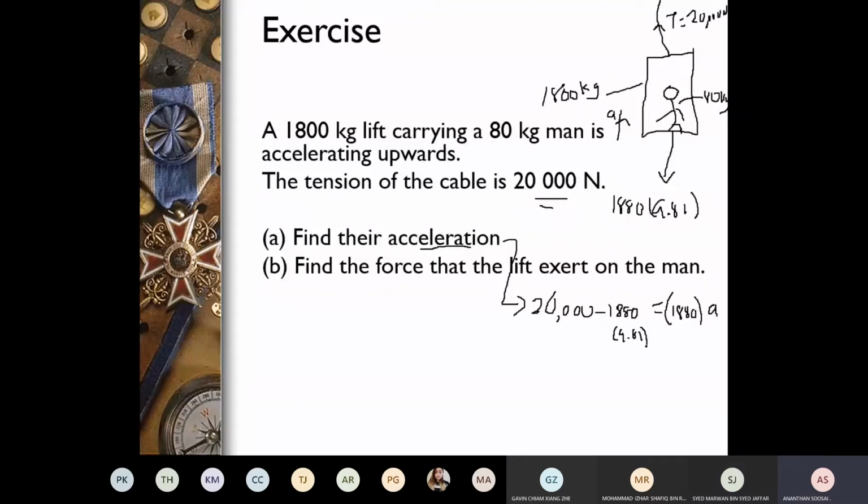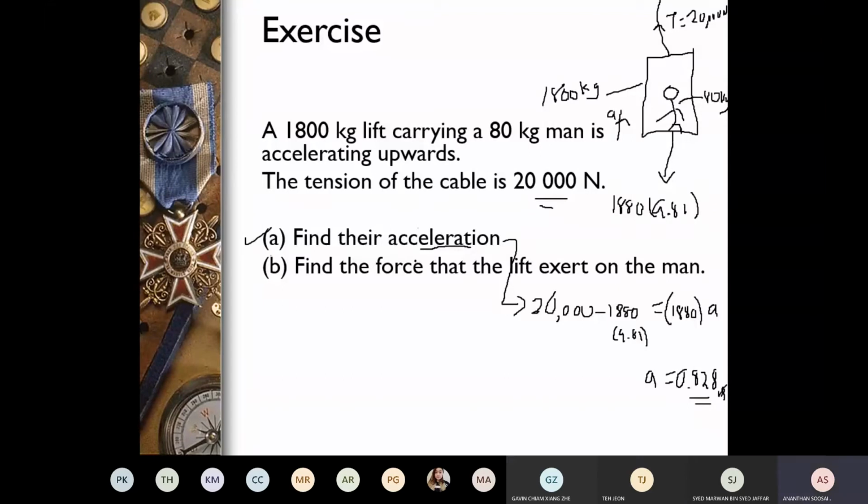This equation must come to your mind. So you can get the acceleration. Anyone got the acceleration? 3 significant figures. 0.828. Good. Hope everyone got the same answer. So this is the acceleration of the lift going up, 0.828 meter per second square. We're able to find the acceleration by taking the entire system, force up minus force down.